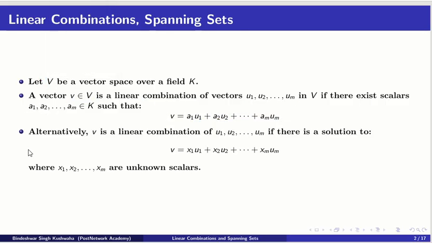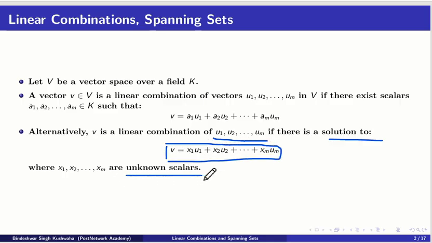Another alternative definition: V is a linear combination of u1, u2, ..., um if there exists a solution to this vector equation where x1, x2, ... are unknown scalars and we will find them.